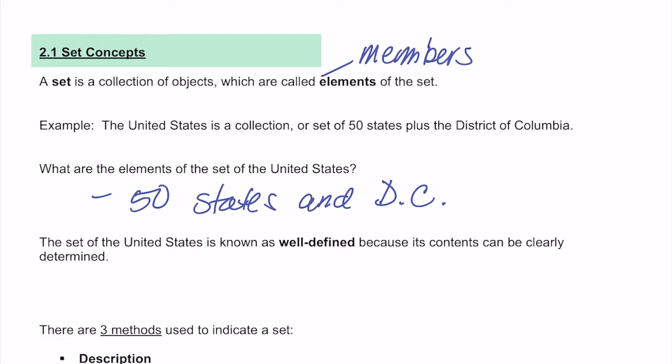This set is known as well-defined because the contents can be clearly determined. So in other words, you can name each of the states. That's what well-defined means. Or if you take any set, you can name any of the elements in that set.